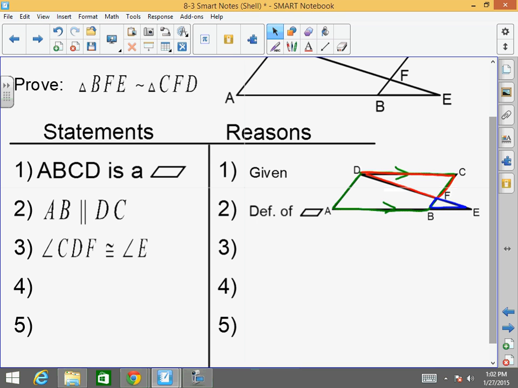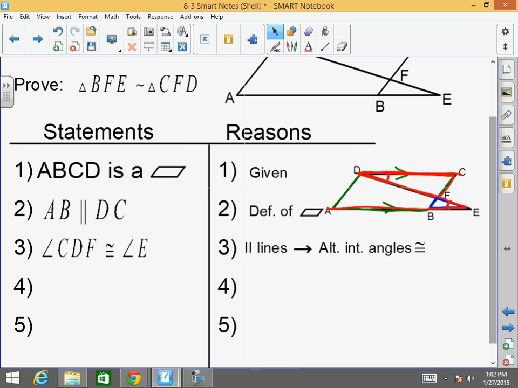Awesome. Angle E is congruent to angle CDF. Look at it. This guy is congruent to this guy. You see that? Why? Remember the Z method, guys? Alternate interior angles are congruent.